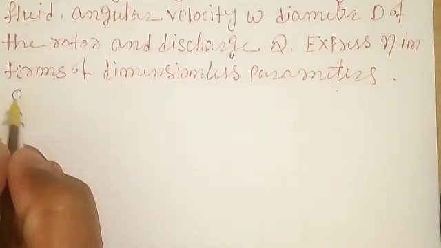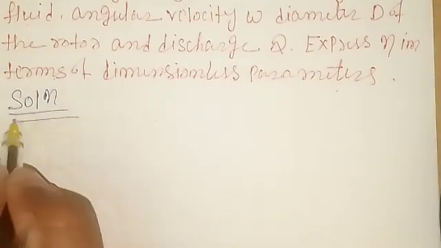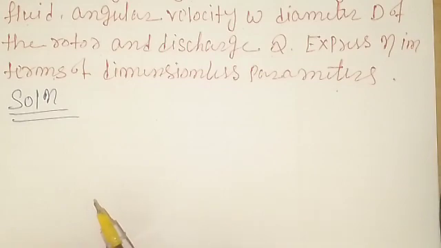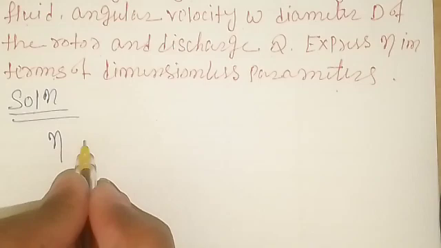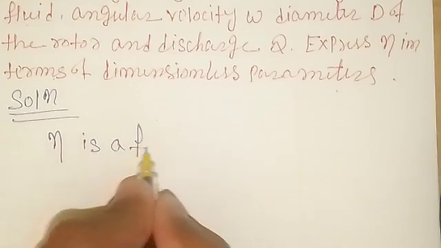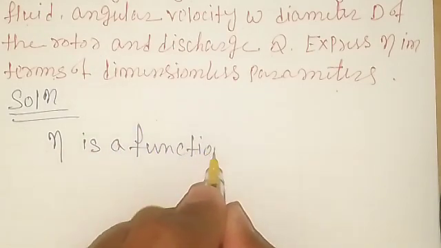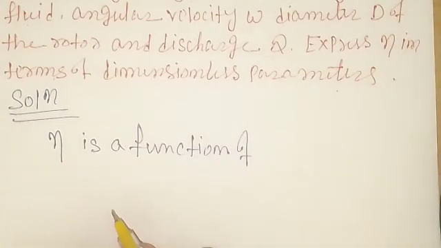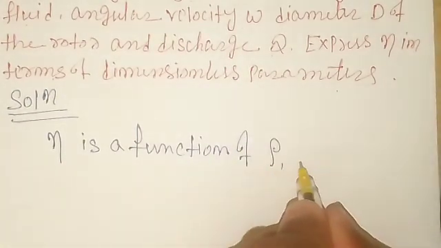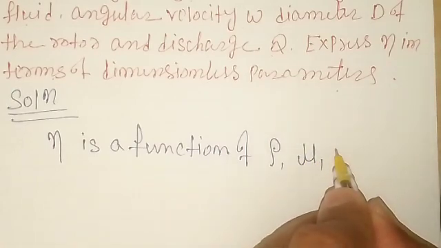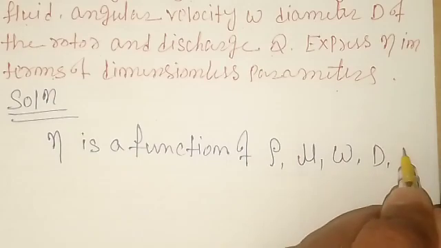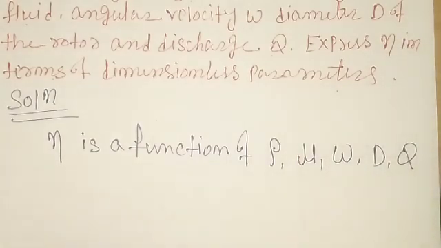You can write down the solution here. Eta, the efficiency, is a function of density rho, dynamic viscosity mu, angular velocity omega, diameter D and discharge Q. Now we can find the total number of variables: 1, 2, 3, 4, 5, 6.